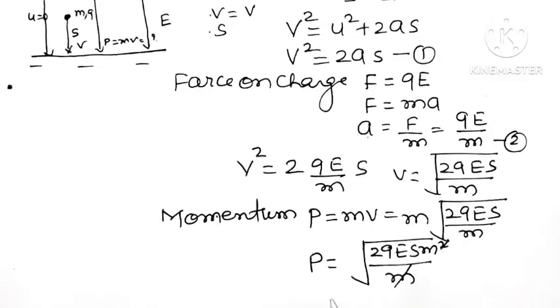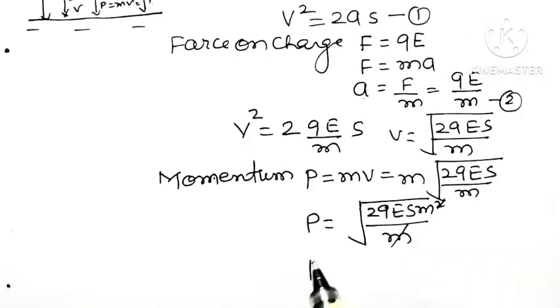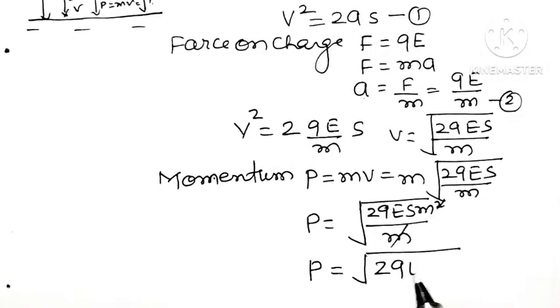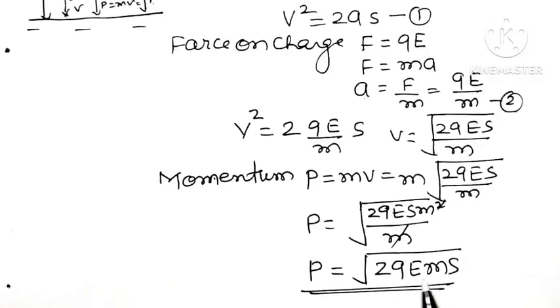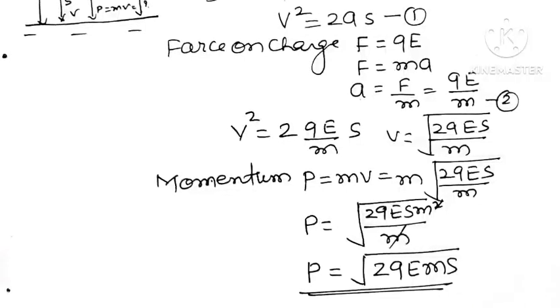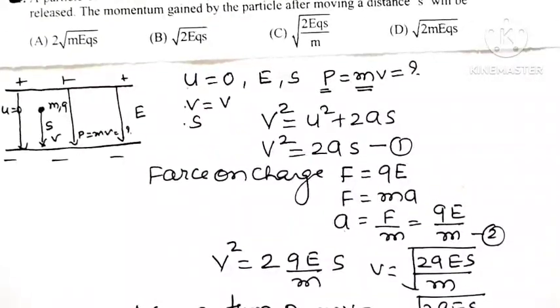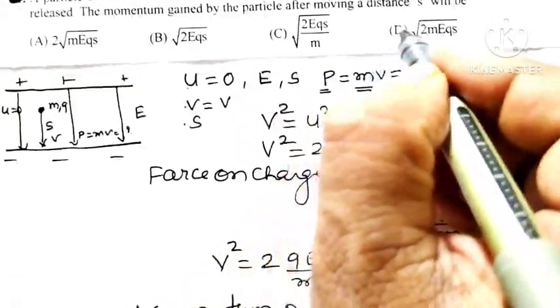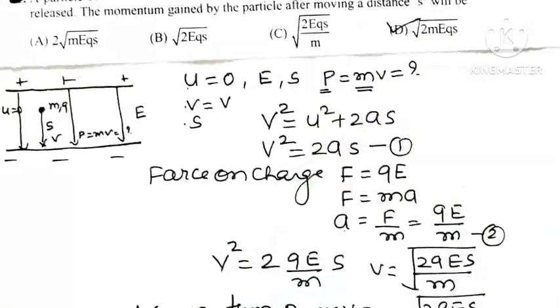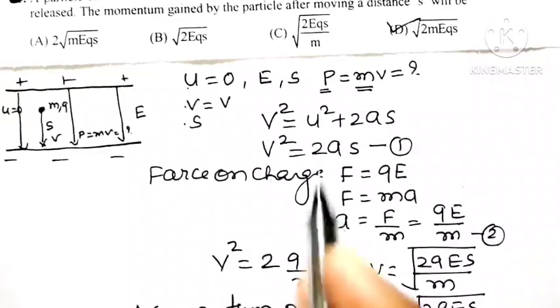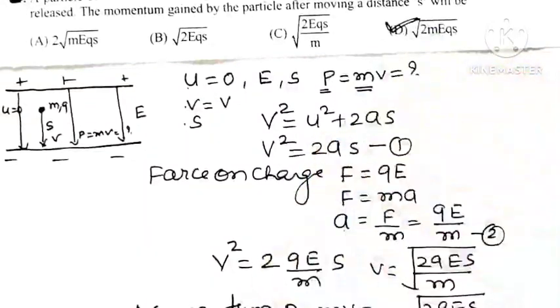So this one m gets cancelled, and the momentum gained by the charged particle becomes equal to the square root of 2qEms. So out of 4 options, look at option D: momentum gained by the charged particle is the square root of 2mEqs. So option D is the correct option for this question.